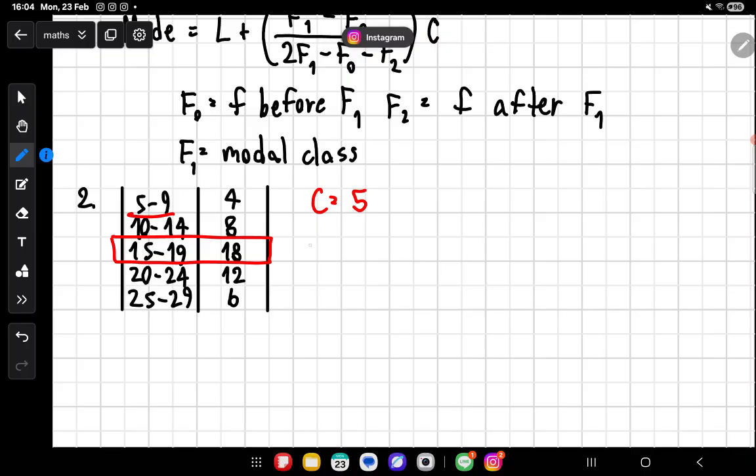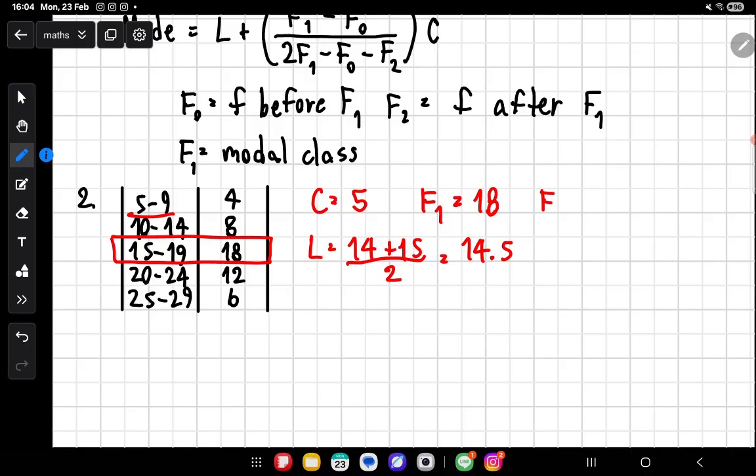Now let's look at L. L, we take 14 and 15. 14 plus 15 over 2 is equal to 14.5. The frequency of the modal class, F1 equals 18. F0 comes before 18, so it's 8. And F2 comes after F1, so it's 12.